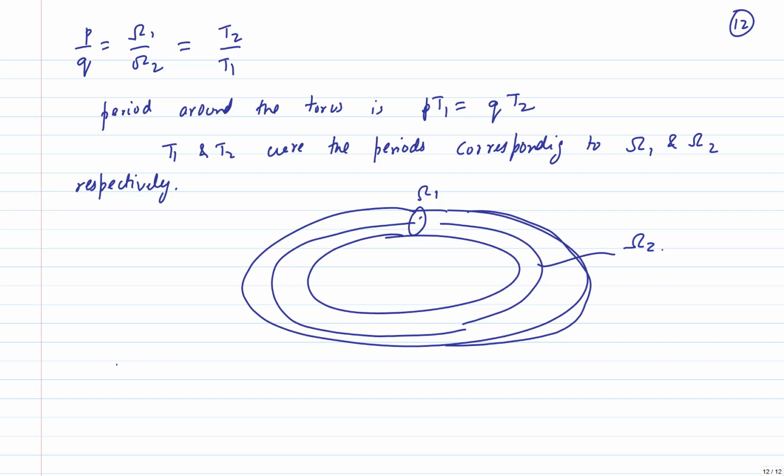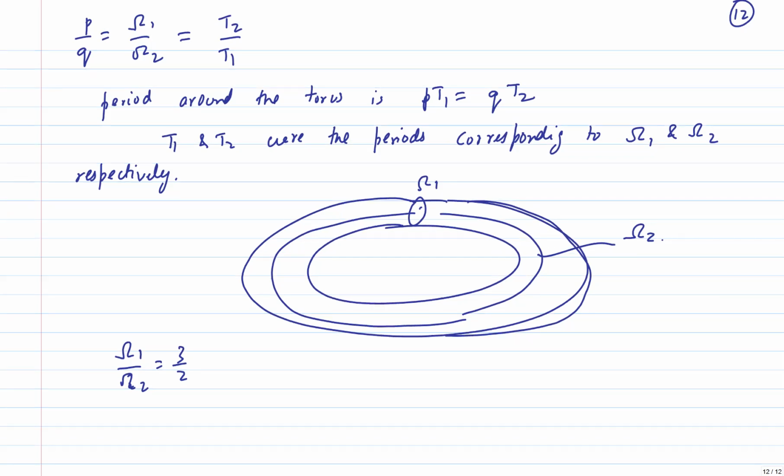So if omega 1 by omega 2 is 3 by 2, you will get something called a trefoil knot, which is essentially around the torus, and so it goes around, it goes around, goes around, and it goes around.